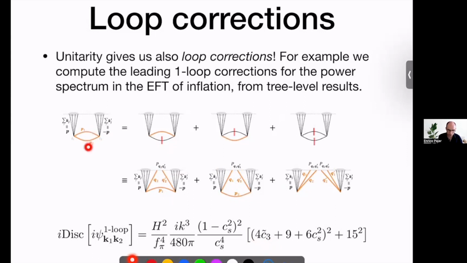But with this approach, you see, the discontinuity of this one loop diagram is fully fixed by tree-level diagrams, because when you cut it, this is not a loop anymore. It's tree-level, tree-level, tree-level. And we know all those tree-level diagrams already. So the calculation is particularly simple. It would be nice to explore this much more, but I don't have time here.